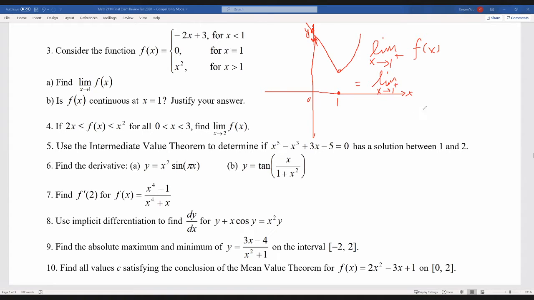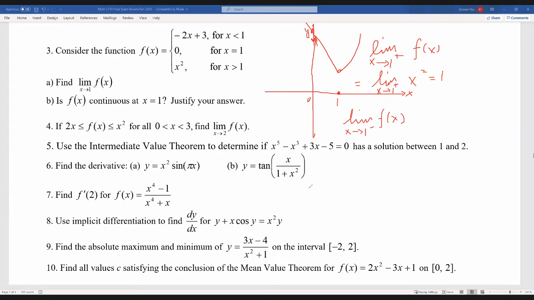So x larger than 1, the piece is x squared. Right? So this is 1 squared, which is 1. Okay, so x goes to 1 from the right side, the limit is 1. Let's look at x going to 1 from the left side of f(x).